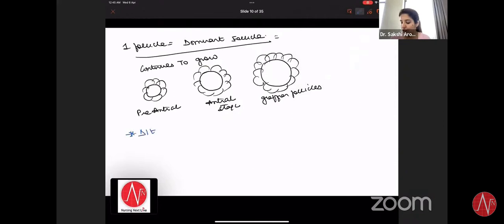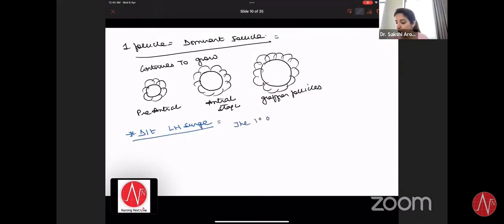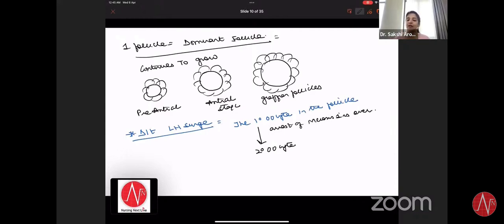Due to LH surge, the primary oocyte in the follicle will get converted into secondary oocyte. The arrest of meiosis 1 is over, and the primary oocyte will now get converted into secondary oocyte, and this process is called ovulation.